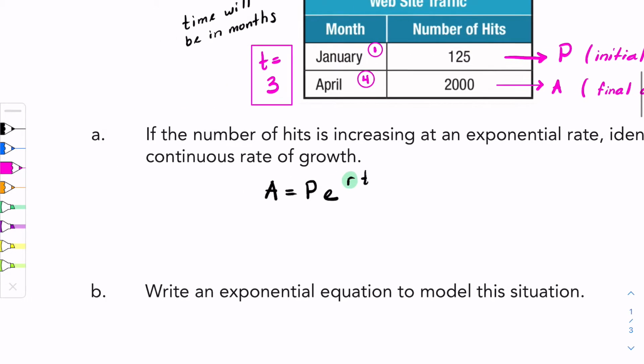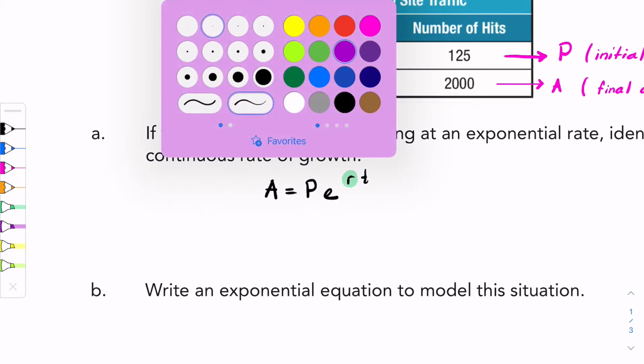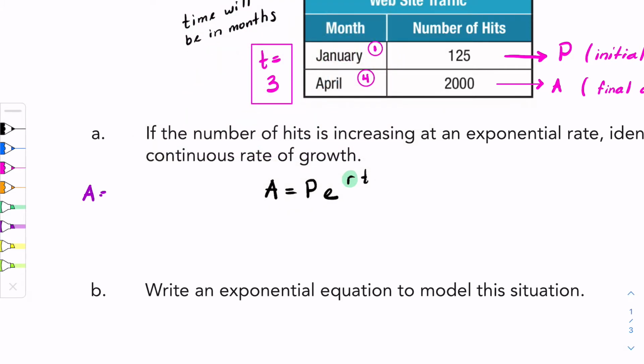If we make a list off to the side of all our key values, we know that the final amount is 2,000 based on the data they gathered. We know that the initial amount, the P value, is 125, again, based on the data. And we know that T in months is 3. Again, the only thing we don't know is the R value. So we're going to solve for the R value.